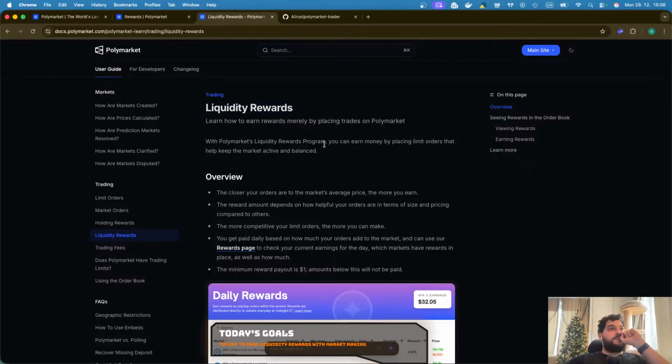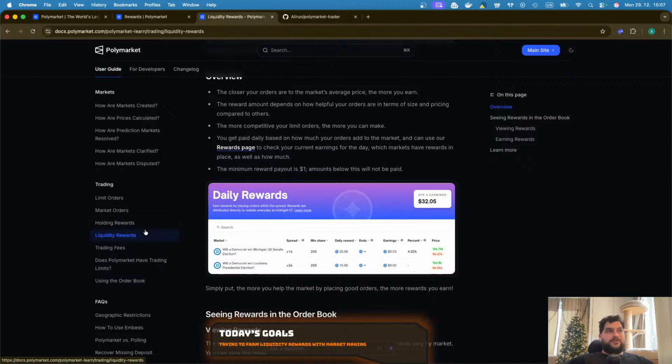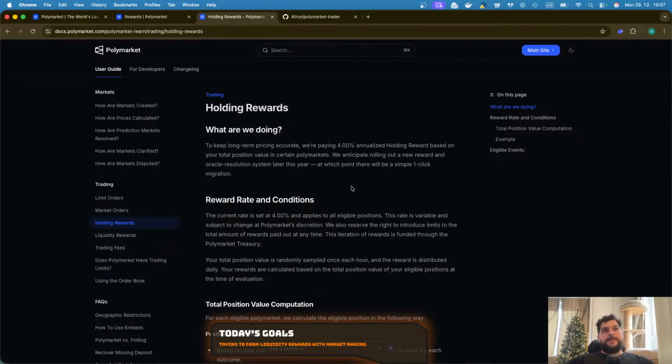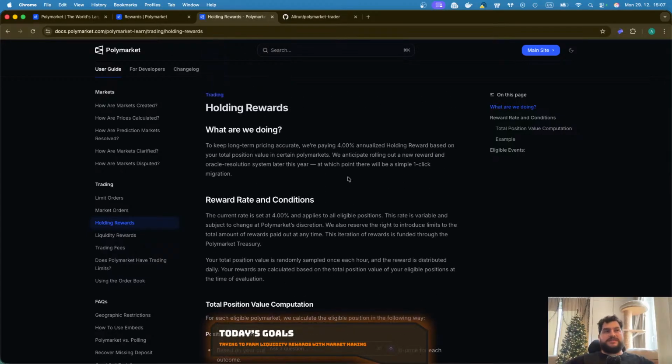As you may remember, when we were walking through the user guide, I think on the first episode, we skimmed through the article called liquidity rewards. There are two types of rewards here: holding rewards, which are, so to say, incentivizing holders to hold positions on markets that resolve a very long time in the future, because if you do that, you are utilizing your liquidity, which has to work all the time, right?